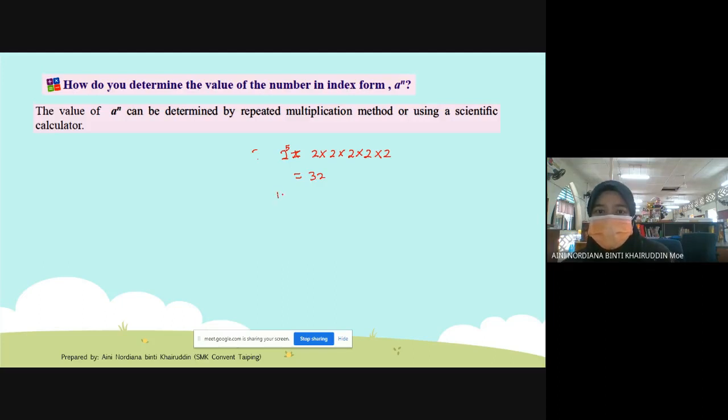How about 10 to the power of 6? How to find this value? 10 to the power of 6.